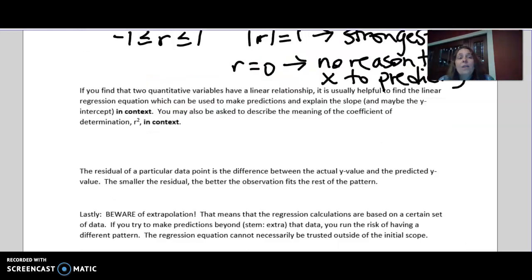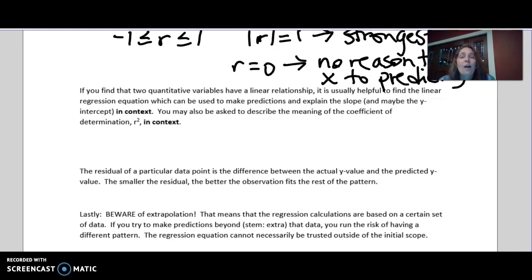When you are given a relationship and you know that it's linear, usually there are some typical follow-up questions that you might be asked. For example, can you give us the regression equation? And just as a reminder, regression equation, best fit line, prediction line, all of those mean the same thing. That's the y hat equals a plus bx that we were talking about a minute ago. Probably you will also be asked to describe the slope in context, maybe the y-intercept also, but the slope is usually the biggie.